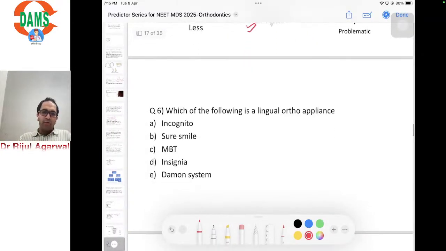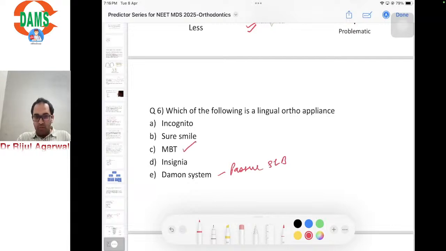Moving ahead, which of the following is a lingual orthodontic appliance? Incognito, Smile, MBT, Insignia, Damon. So the Damon system is a passive self-ligating system.